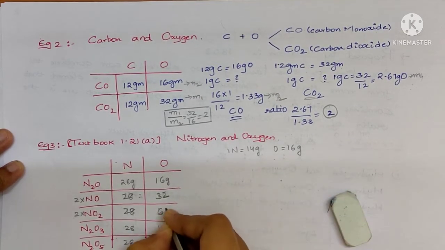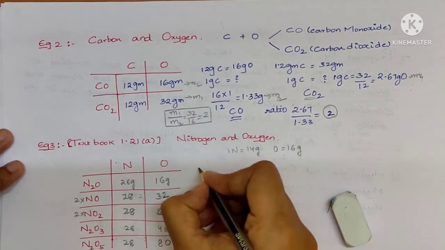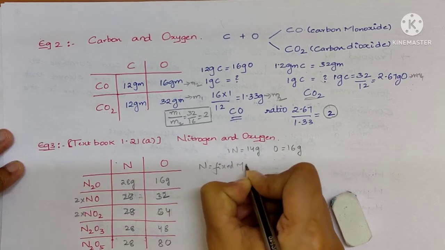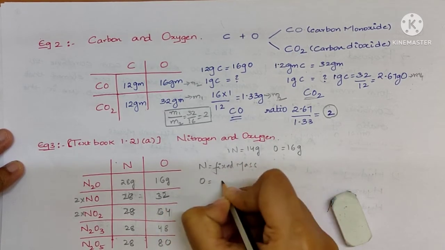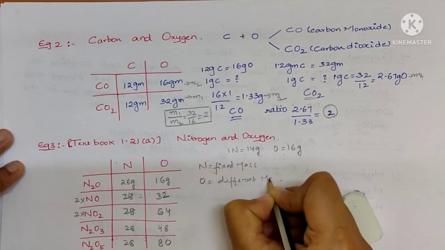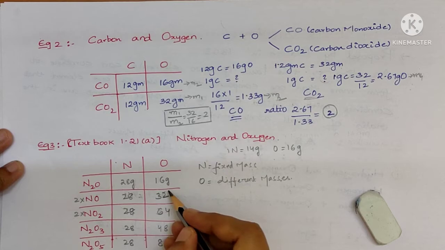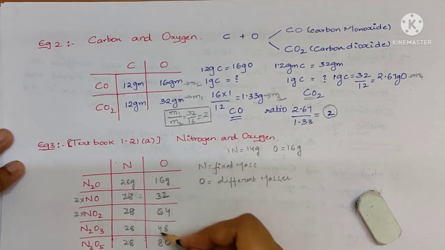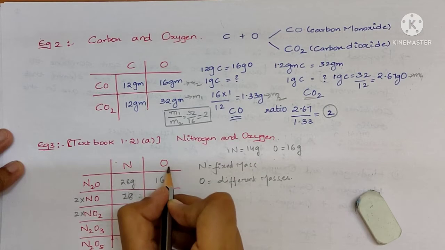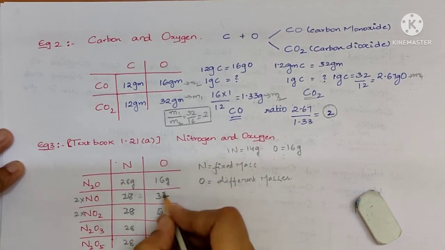Okay, students. So here you can observe we have N as a fixed mass and O as different masses. What does the law state, students? The law states that the different masses of the element, that is O, that combine with the fixed mass should be reduced to small whole numbers.